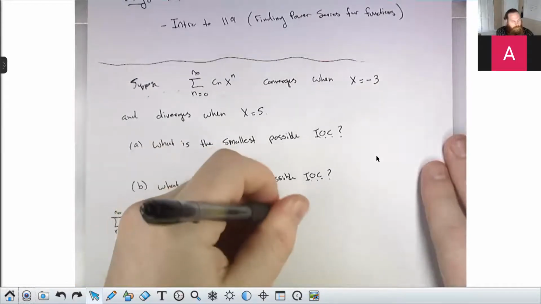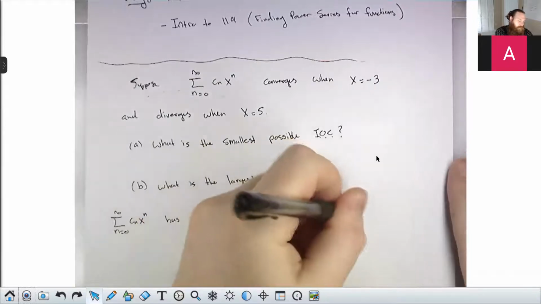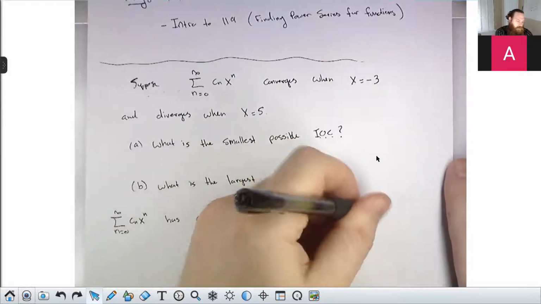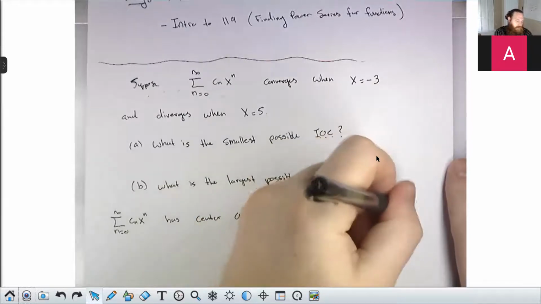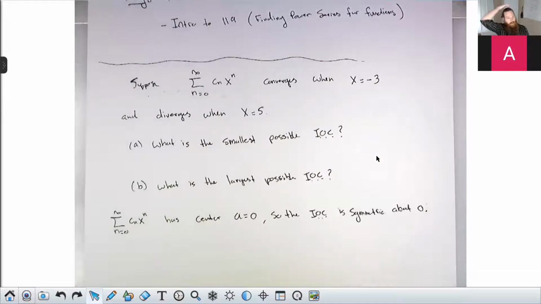So the IOC is symmetric about 0. The endpoints could be included or not included, but this is an interval of the form negative r to r, right? Like negative 5 to 5, negative 3 to 3, negative 2 to 2, something like that. Could not be like negative 1 to 7, because the center of that interval is not 0.